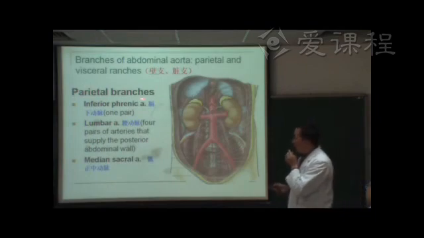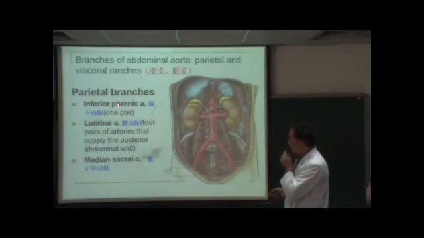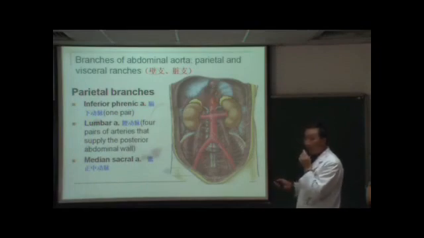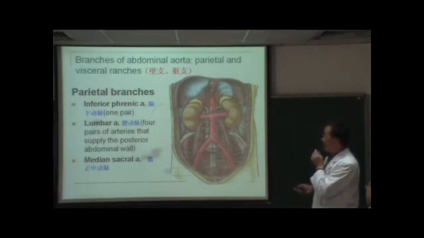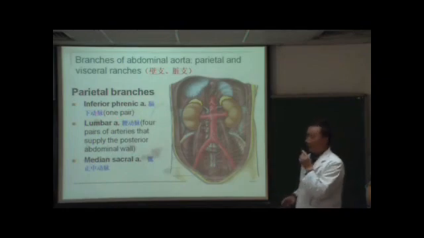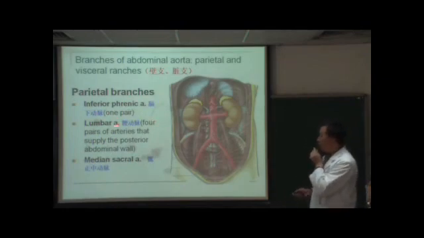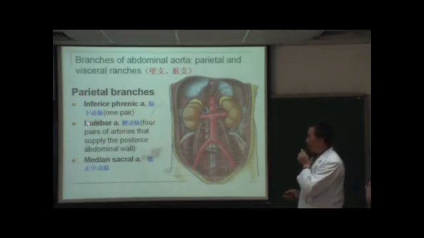The parietal branches include the infraphrenic artery, this one and this one paired, and 4 pairs of lumbar arteries. 1, 2, 3, 4.